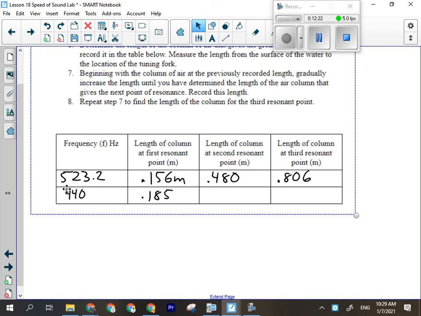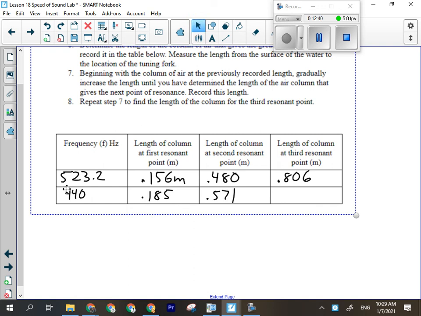Okay, I think that's it. We are looking at 0.571 for that second point, and we'll try and get the third one here.